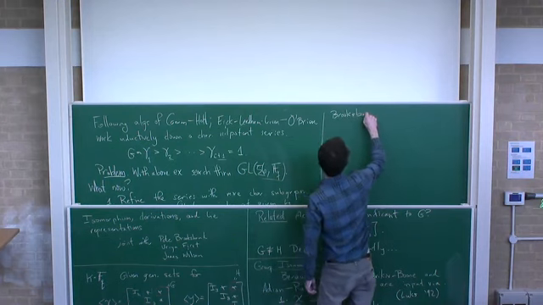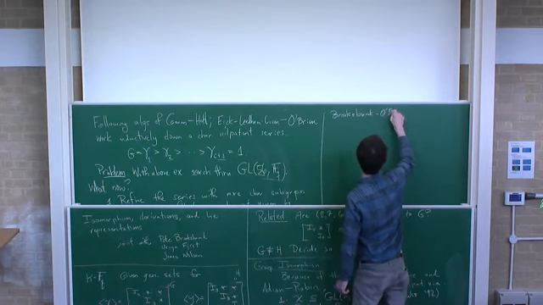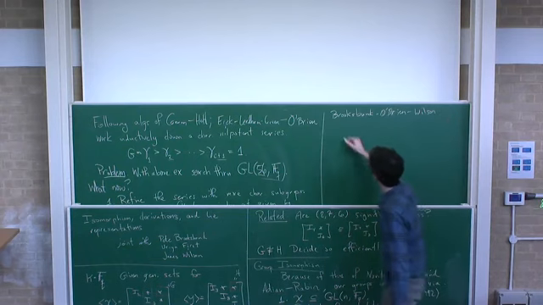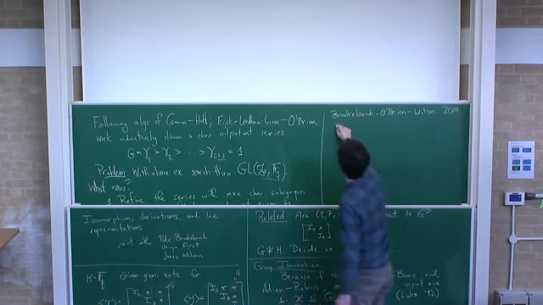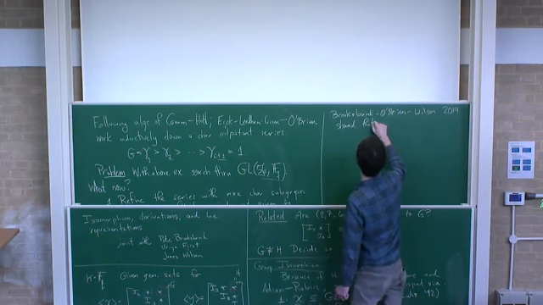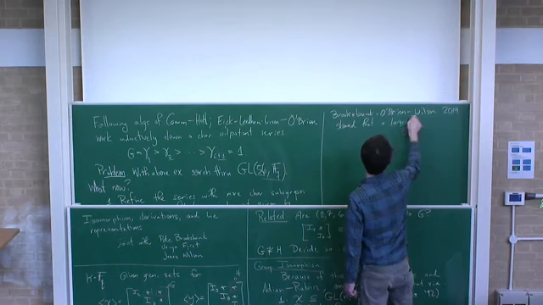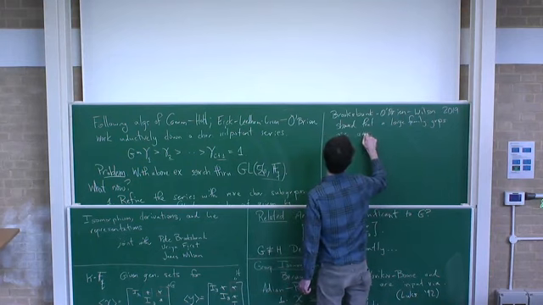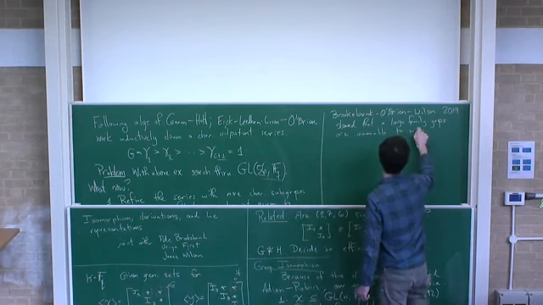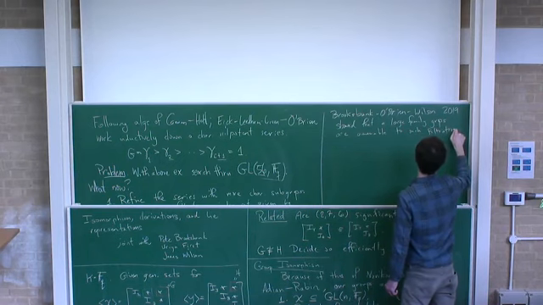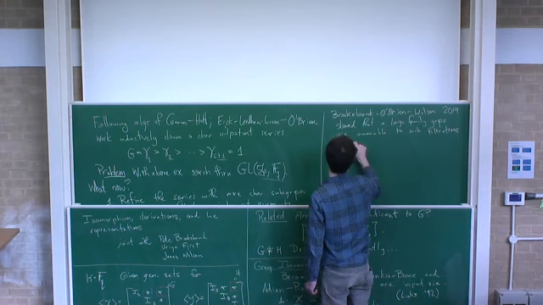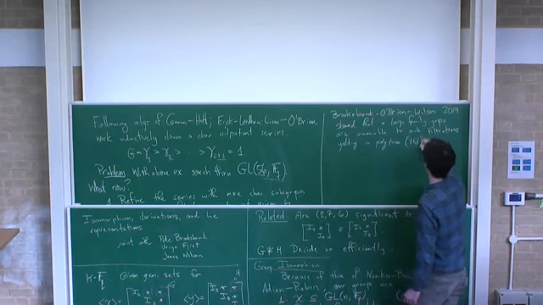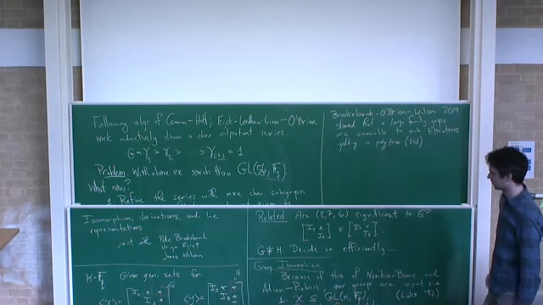Further, what one can do, and what Brooksbank, O'Brien, and James Wilson showed, I think this is 2019, is that a large family of groups are amenable to such filtrations, yielding in polytime in the order of the groups, not necessarily order of the log of the order of the group.